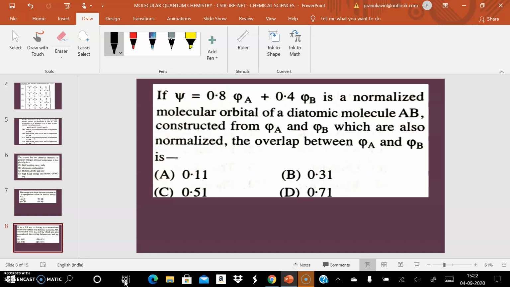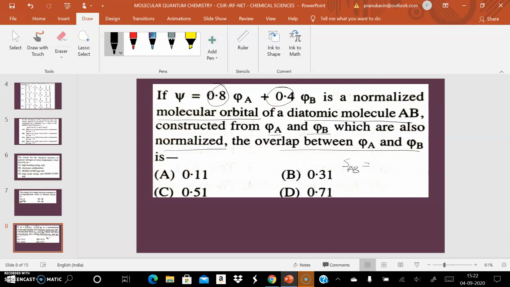The next question is: if psi equals 0.8 phi A plus 0.4 phi B is a normalized molecular orbital of a diatomic molecule AB constructed from phi A and phi B, which are also normalized, then the overlap between phi A and phi B is... They are asking the overlap between the 2 orbitals phi A and phi B. Listen, it is very easy to calculate the overlap if the coefficients are available.